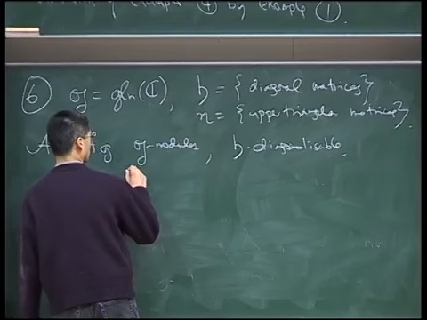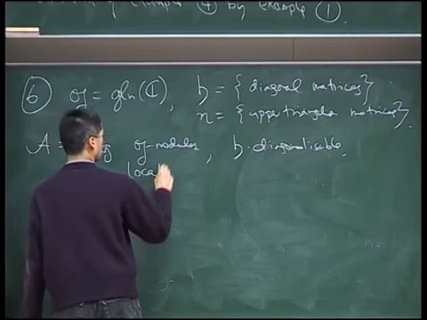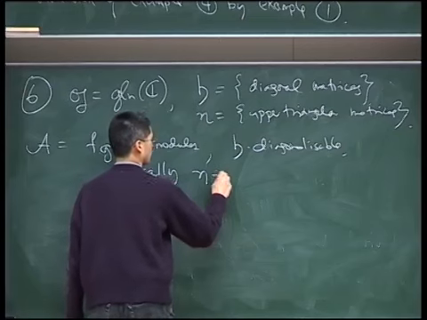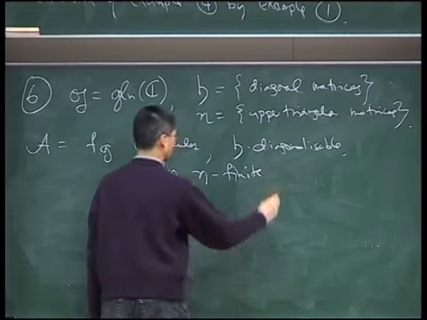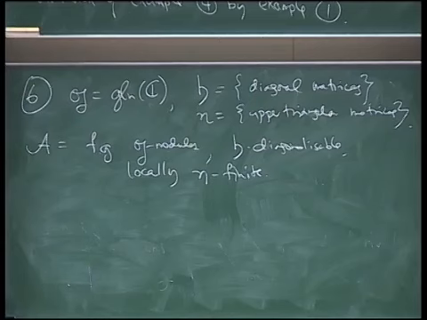So it's locally n finite. Okay, so this is just the BGG category O for GLN.